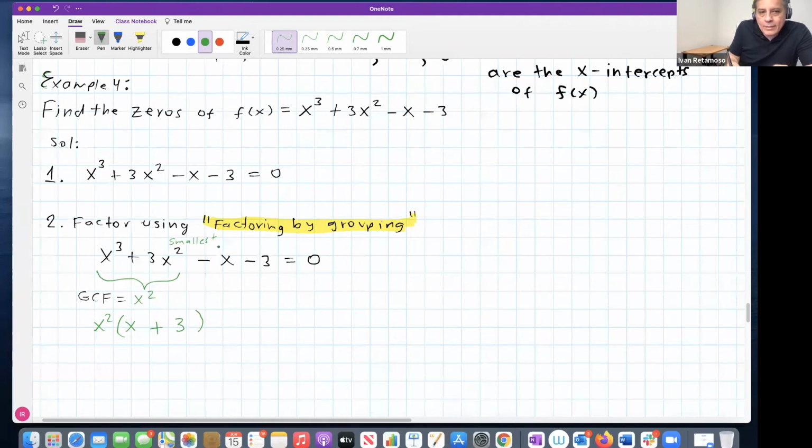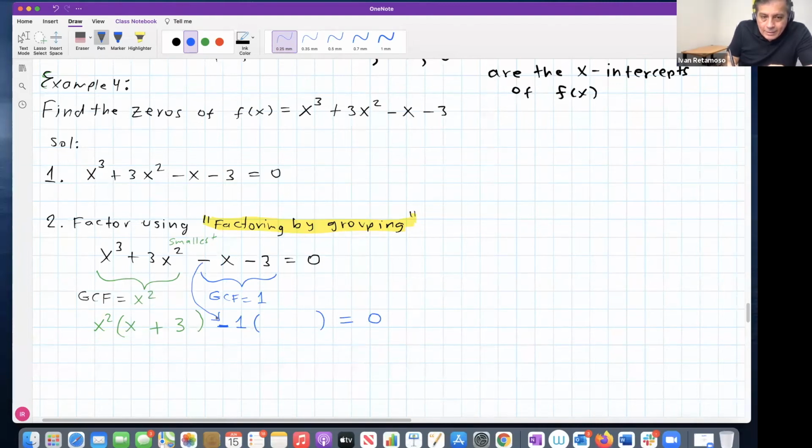Now we're gonna factor out the last 2 terms. Group the last 2. What is the greatest common factor here? Greatest common factor is 1. But remember, whenever that happens, since this is negative, you have to attach the negative sign to your greatest common factor. You have to factor out -1, not just 1, because you want this to be the same. So -1 into negative x is what?